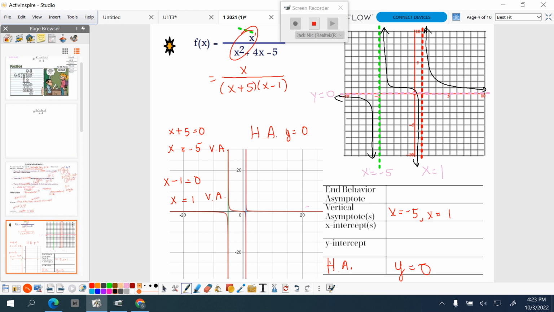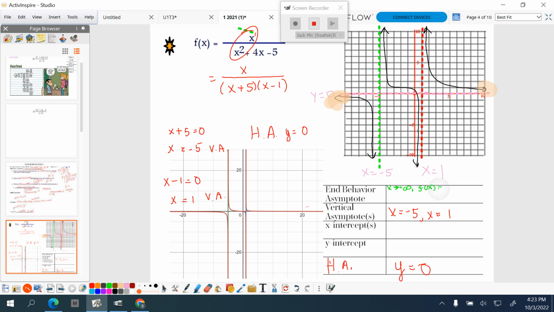So let's look at end behavior. Where do I look for end behavior? We're going to look here on this side and here on this side. All right, so as x goes to negative infinity, what's happening to my y values?